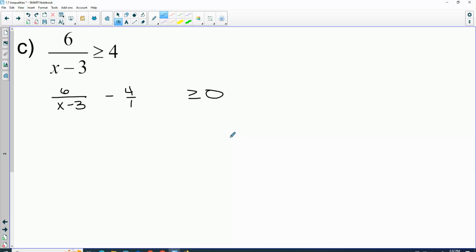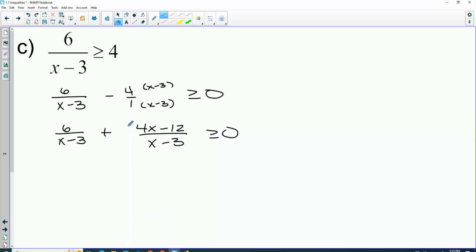Subtract over the 4. Multiply by x minus 3 on top and bottom so we can get a common denominator. Distribute your negative.